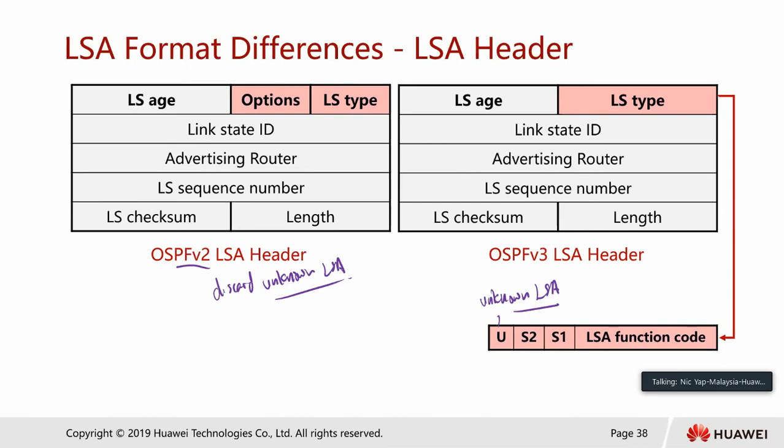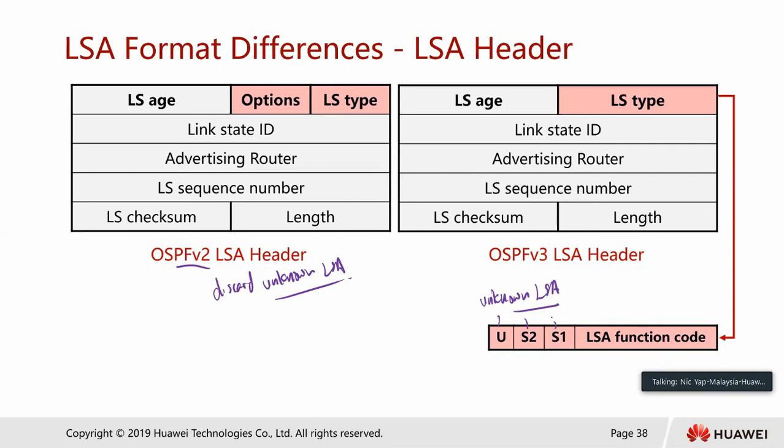When the value is 1, it indicates that the unknown LSA is processed based on the flooding scope identified by the S2 and S1 bits. So either we carry it as link-local, or otherwise it is based on the S2 and S1 bits.